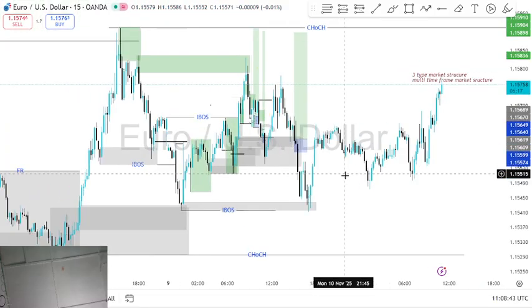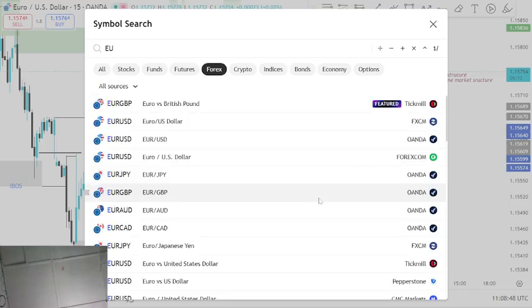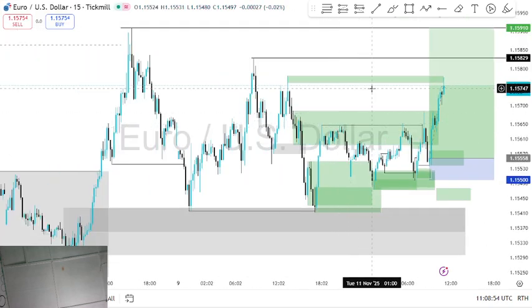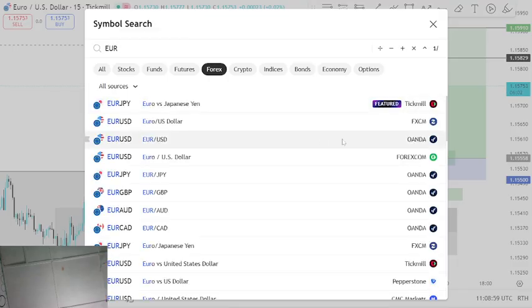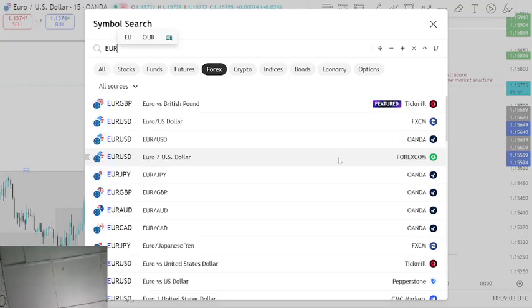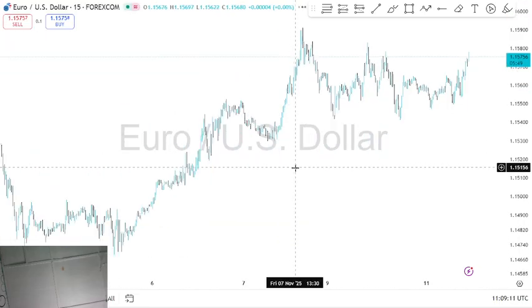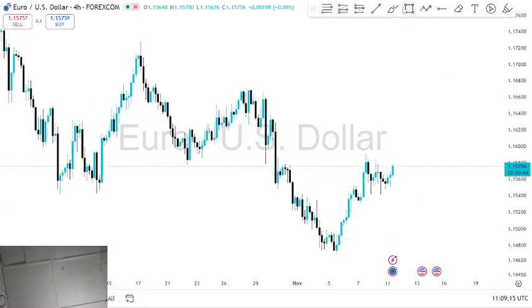I will use a different EURUSD chart to explain this one. So this is what we are using now. Okay, cool. So I don't have anything here.